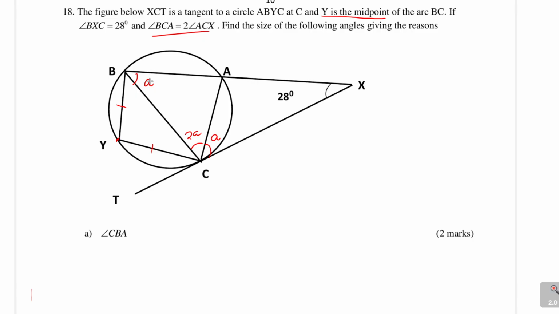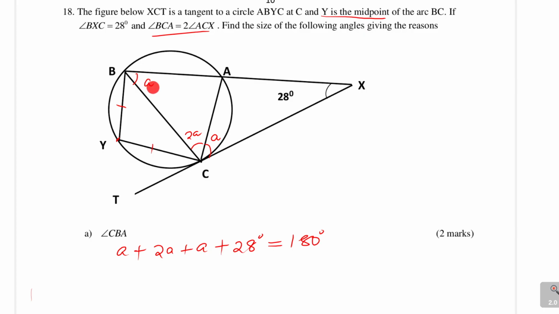After filling that in, if you consider this triangle BCX, we can calculate something there. The sum of all the angles in that triangle should give 180. So angle A plus angle 2A plus A, plus 28 degrees, should give 180.